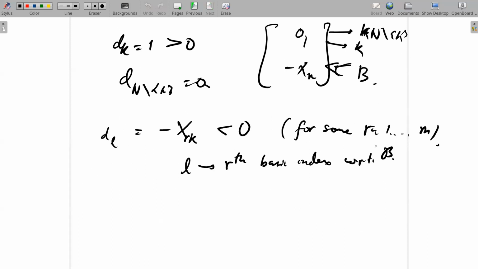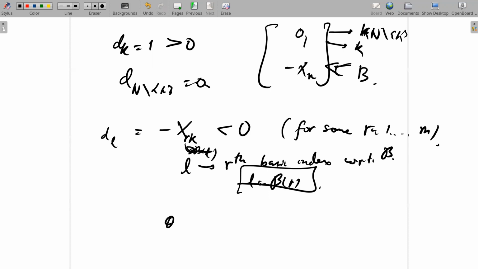So dl is equal to minus xrk, strictly less than 0, and L is the rth basic index. Rather, L is equal to B_r.